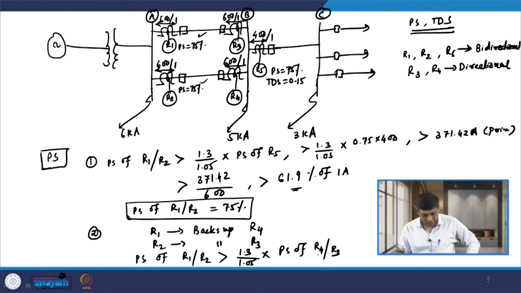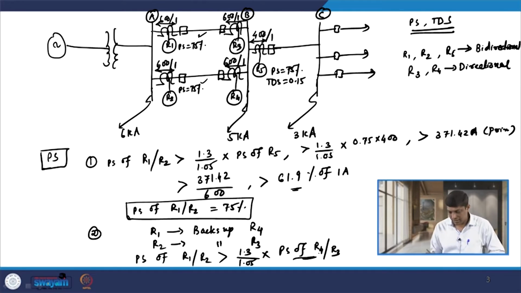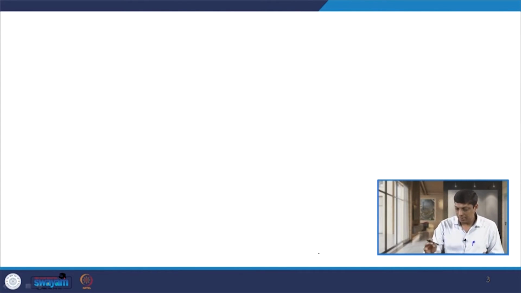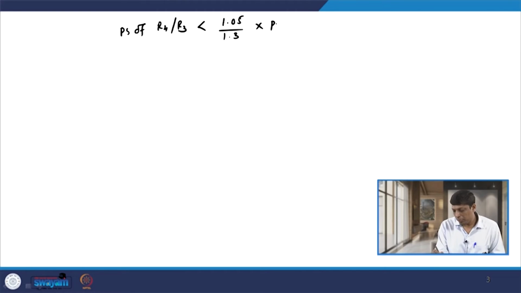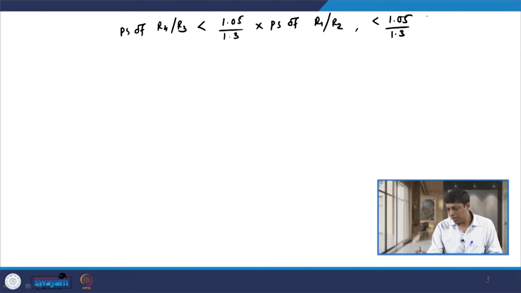If I write this in terms of R4 and R3, then we have the plug setting of R4, R3, that is less than 1.05 by 1.3 into the plug setting of R1 and R2. So, if I put the value here, 1.05 by 1.3, the plug setting of R1 and R2, we have already decided it is 75% of 600 ampere. So, we can write it as 0.75 into 600.